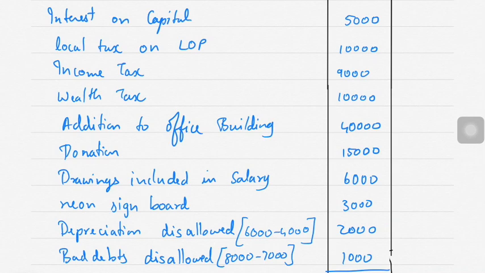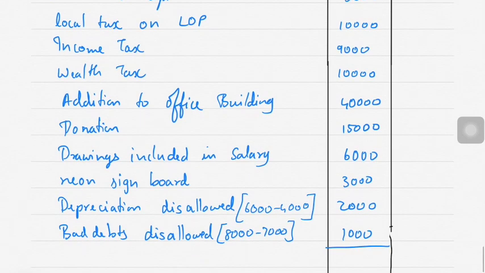5,000 plus 10,000 plus 9,000 plus 10,000 plus 40,000 plus 15,000 plus 6,000 plus 3,000 plus 2,000. How much is it? 15, 25, 35, 45, 55, 65, 70, 74. See if it comes to 1,01,000.